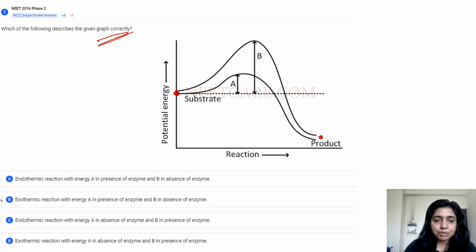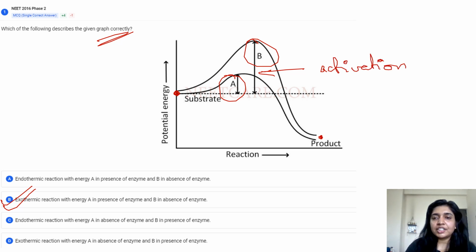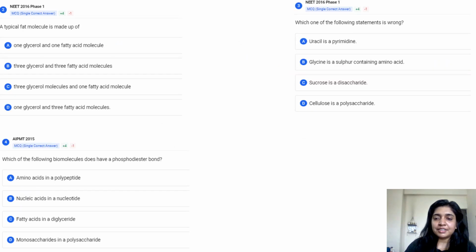So this is the correct option, because in your B, the activation energy is high compared to A. So when the activation energy is high, it means that the enzyme is not there. If the activation energy is significantly reduced, it means that there is an enzyme present.